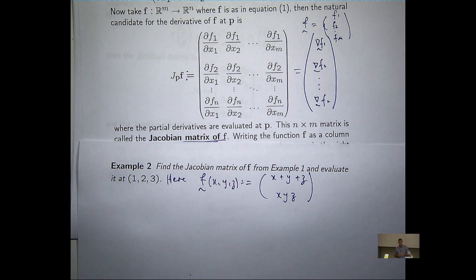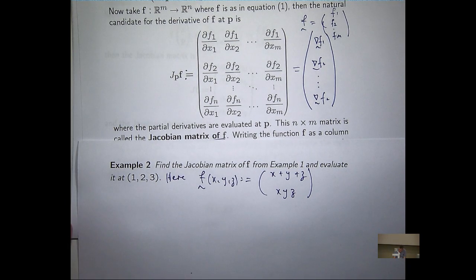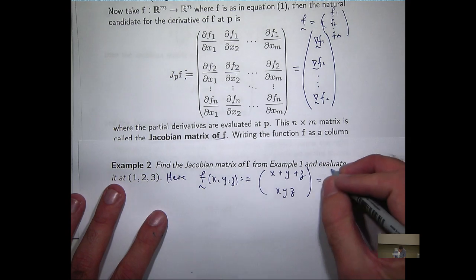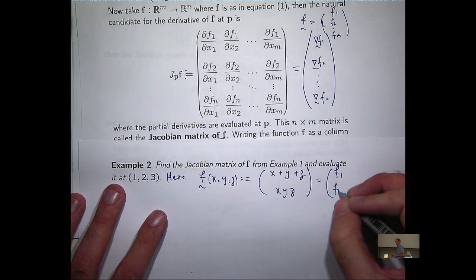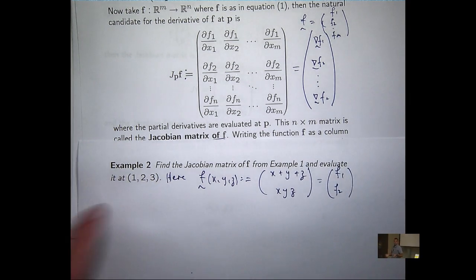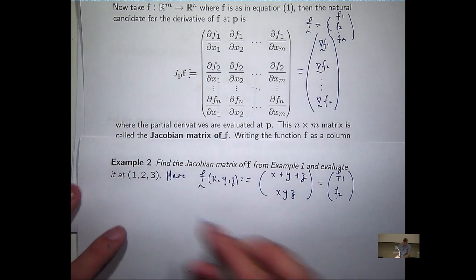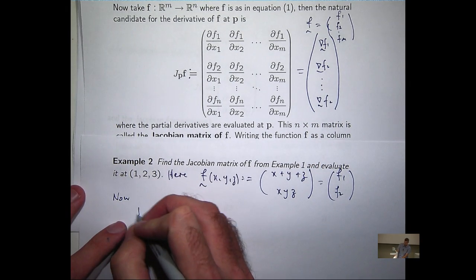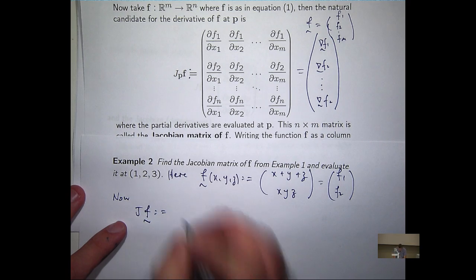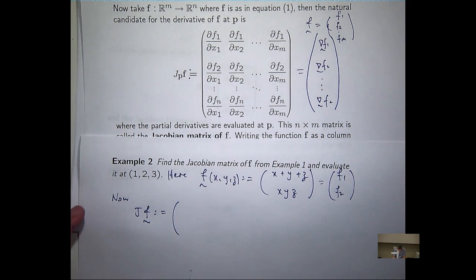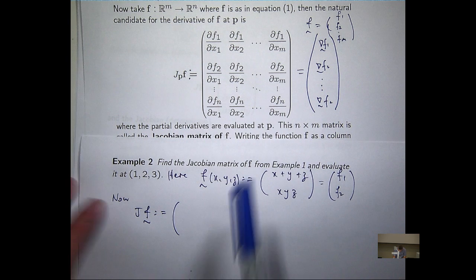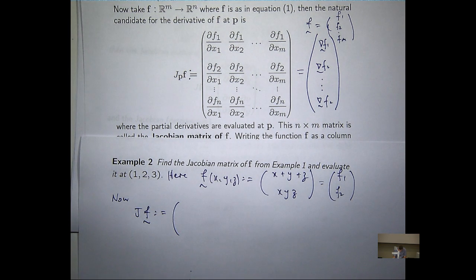And we're asked to evaluate the Jacobian matrix at the point 1, 2, 3. So over here we've got F1, F2, where both of these component functions depend on x, y, and z. Essentially I just go to the first component function, calculate the gradient, and write it as a row.